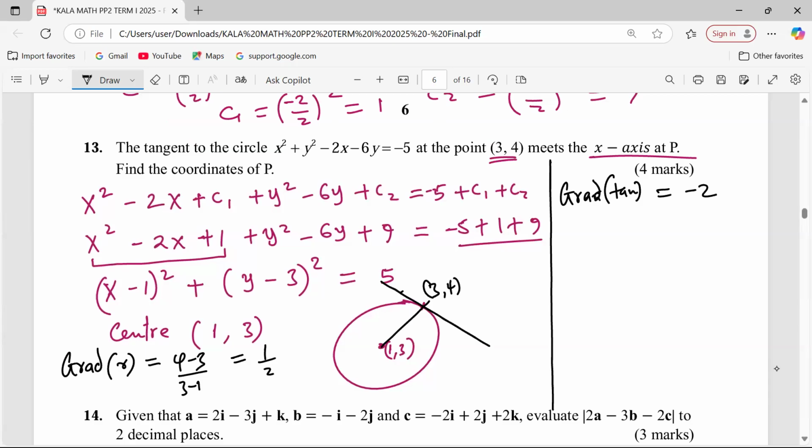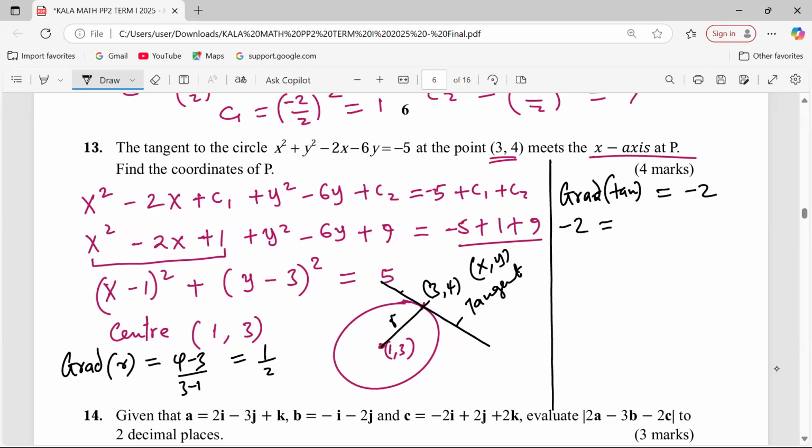We are taking negative 2 because the two gradients must be multiplied to give us negative 1, since the radius and tangent to the circle meet at right angles. Therefore, for this tangent, we have the gradient and also a point where the tangent passes. So we use the gradient negative 2, the point (3, 4), and another coordinate (x, y) to express the same gradient.